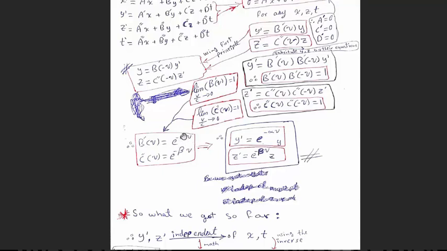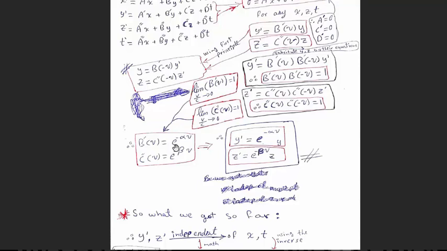Here is some confusion. Sorry, I will send you a message on WhatsApp too. Here it should be the limit when v goes to 0, not v over c. We choose an exponential function because of these two factors: when multiplied at v and minus v it equals 1, and when we take the limit of this function b as v goes to 0, not v over c, it equals 1.